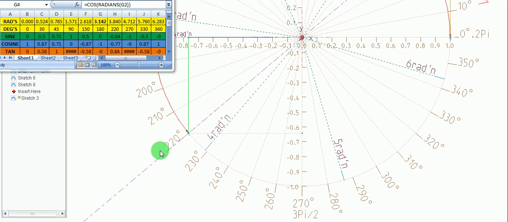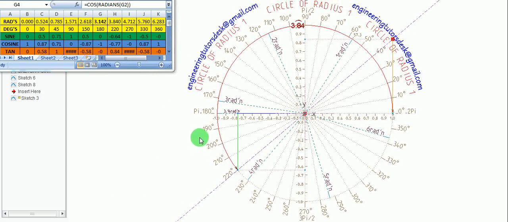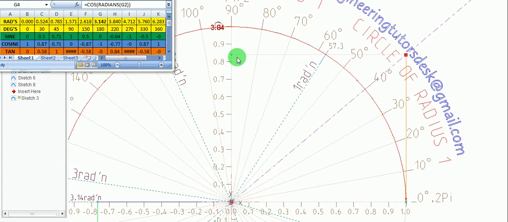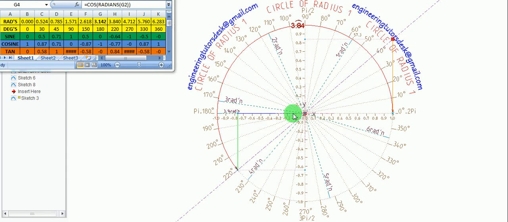At 220 degrees, the measured height of the tan is 0.84. A key observation here is, in the third quadrant, the cosine and sine have taken negative values, whereas the tan reads a positive value.